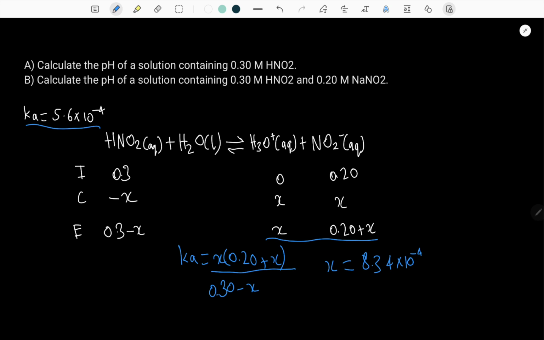Now you can find the pH value using the negative log of the answer, where the base of the log is 10, and we get the pH to be 3.08. So this is the pH. They could trick you by asking for pOH, so you just do 14 minus this, so that's another thing they could ask you. Now let's move on to the next example, which is a bit more complex.